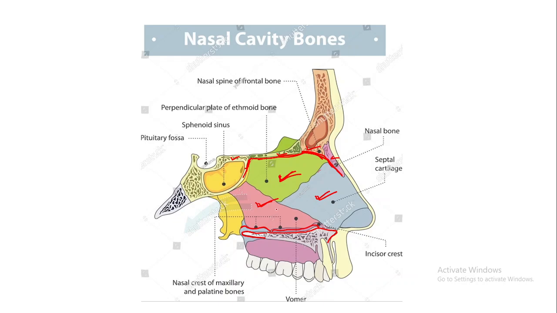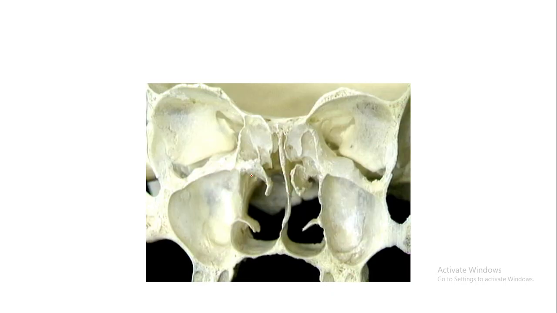Coming to the lateral wall, the lateral wall of the nasal cavity is formed by three projections of the bone, which are the superior, middle, and inferior nasal conchae. These conchae basically increase the surface area.